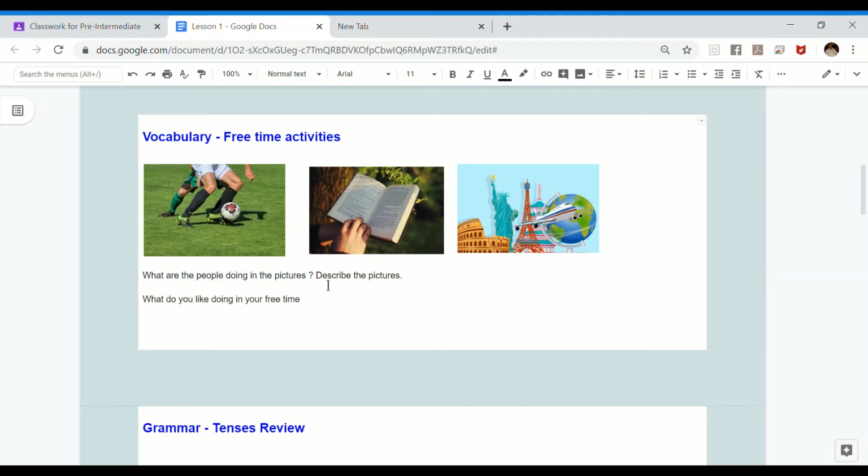In the second picture, I can see a book. The picture is taken outside, not inside, and I can see a hand. And the person in the picture is reading.